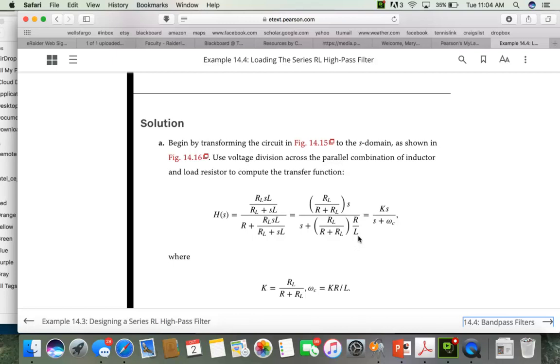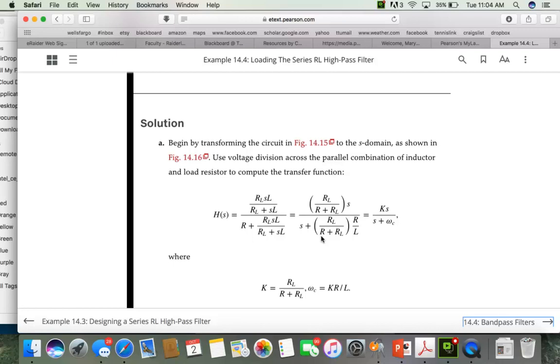So as I mentioned in lecture 1, because sometimes we have a gain or a product in the numerator that is not necessarily something that we would typically have, we always search for the cutoff frequency as being the pole of the denominator. So in that case, this is our denominator pole.